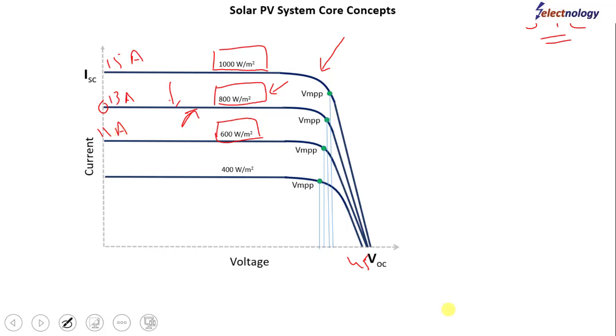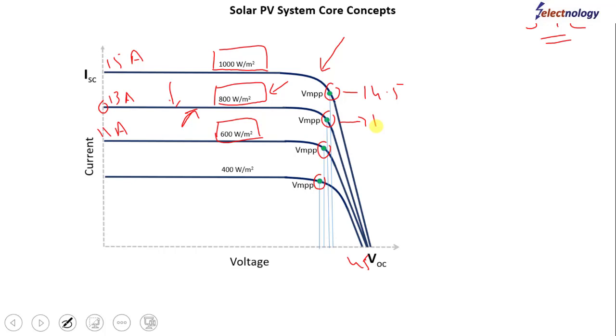Now, if we look into our maximum power points for all these graphs, meaning when the sun energy is different, we can see that the maximum current possible to be supplied by the PV module is changing drastically. For example, this may be 14.5 or 14 amperes.